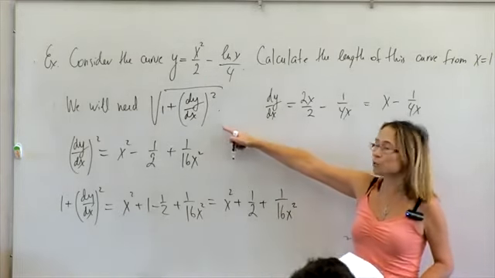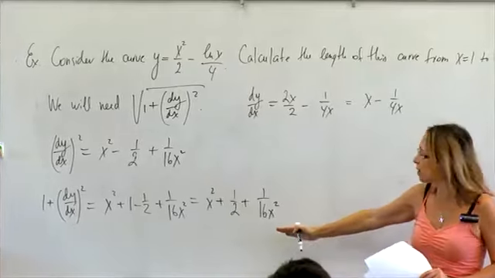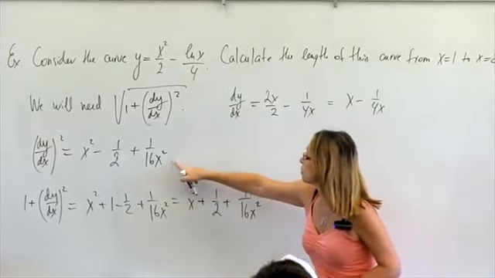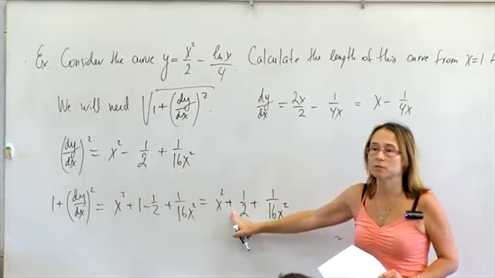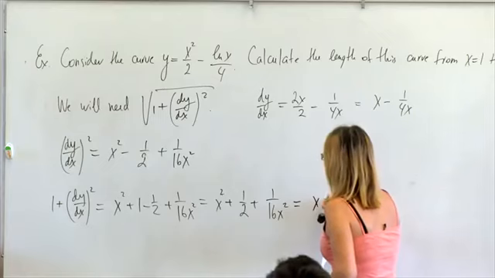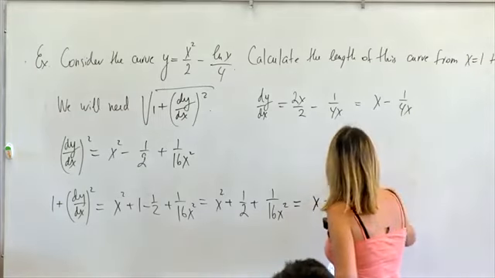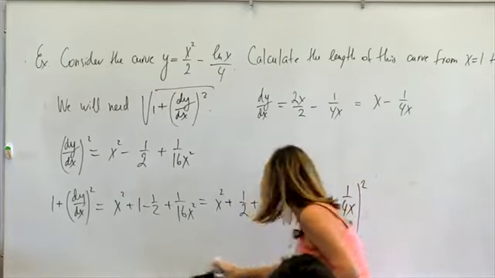You know that eventually we're going to take a square root of this expression. So it would be nice to recognize this as a full square. Look at this expression. It only differs from this full square by the sign in front of 1/2. So we can see that this is really (x plus 1/(4x)) squared.